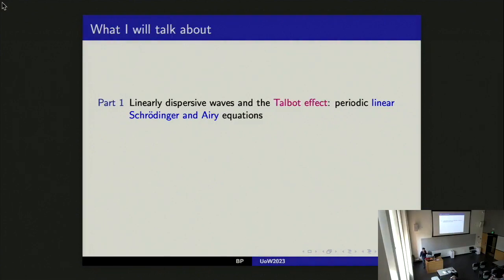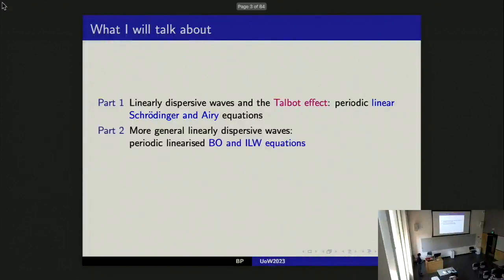The first thing is I will just tell you about the Talbot effect and use two very well-known linear PDEs. Everything, more or less, will be about linear, not all. Linear Schrödinger and Airy equation, which is just the linear part of KdV. So, linearized. And then I want to talk about more general linearly dispersive waves.